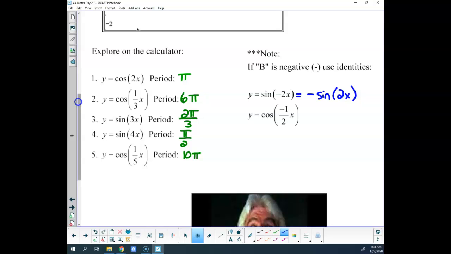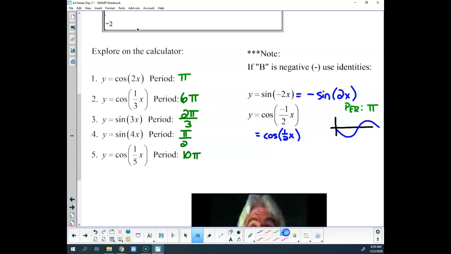So that would have a period of pi, except it would go down. It would look like that because now we got a negative a value. Cosine of negative 1/2 x, according to my first identity, would be cosine of 1/2 x, because trig identity number 1 says cosine of negative t is equal to cosine of t.